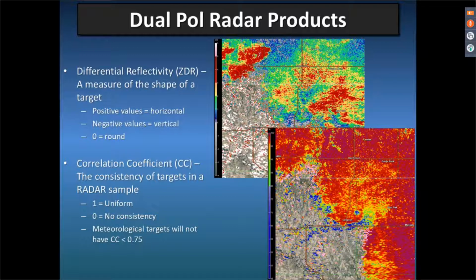It may be detecting bugs or other smoke in the atmosphere, or maybe even tornado debris, because there are just too many different things in the atmosphere for it to be meteorological. So typically meteorological things will have a CC above 80% or 0.8, and everything below that will probably not be meteorological.